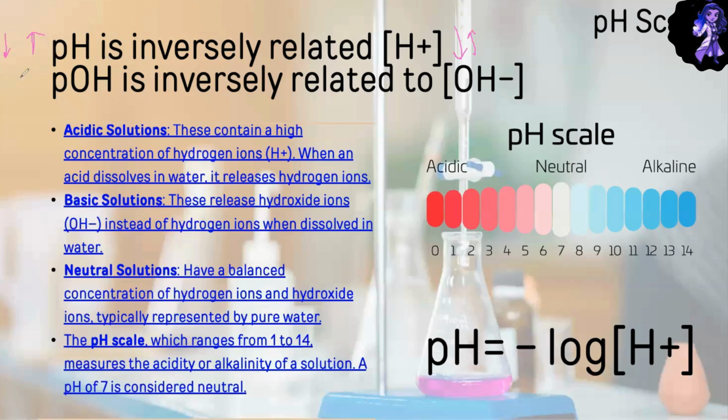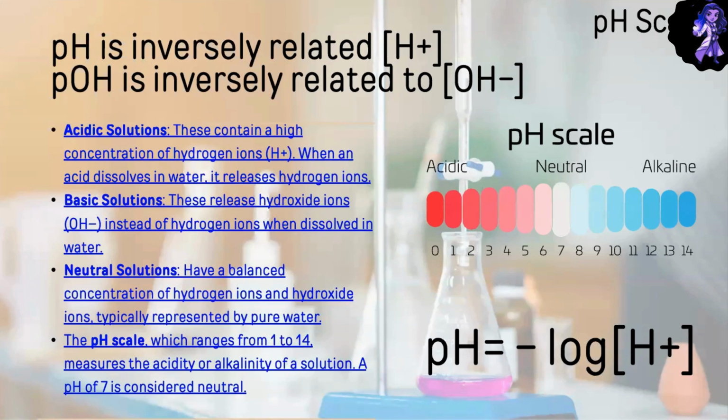Also inversely, if our pOH goes up, then our OH concentration would go down. If our pOH goes down, then our OH concentration goes up. You can see here there is a scale to better understand the concept.